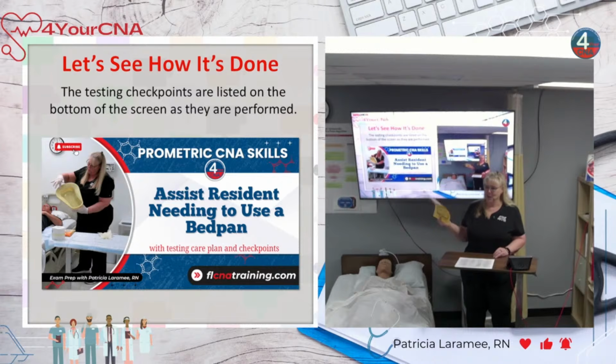Okay. So what I just said is very relevant, isn't it? The 2 skills that you need those hand wipes for are on the same care plan set. So first we're feeding the patient, then we're doing range of motion on them, then we're helping them with the bedpan. So that means that the skill set that has bedpan also has feeding. I don't think that's much of a coincidence. Make sense? Good? Questions?